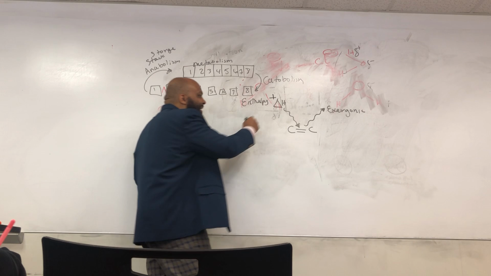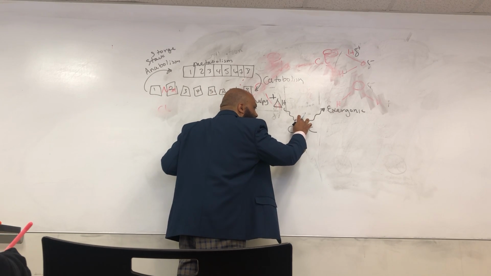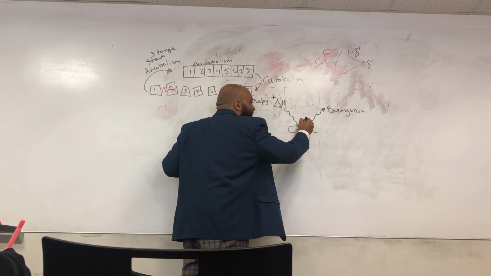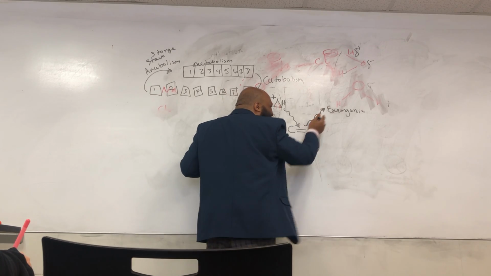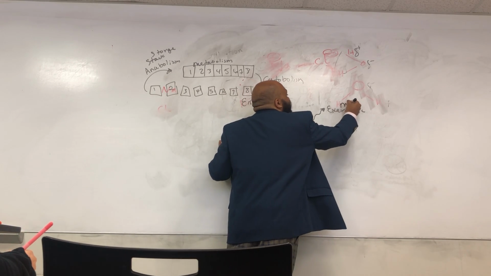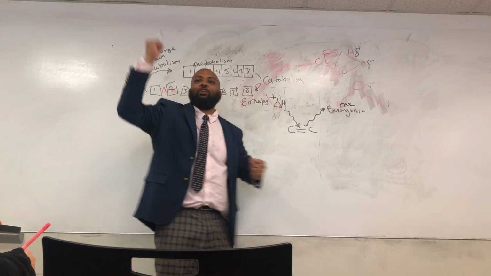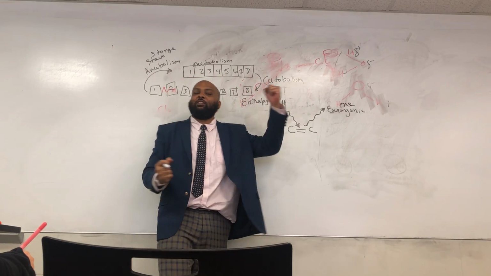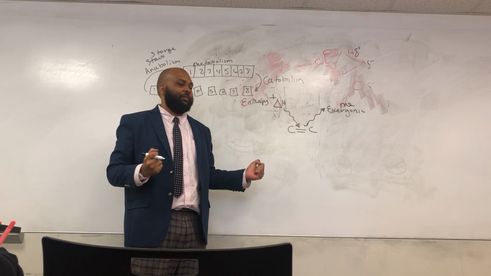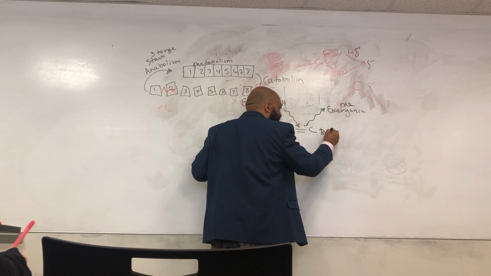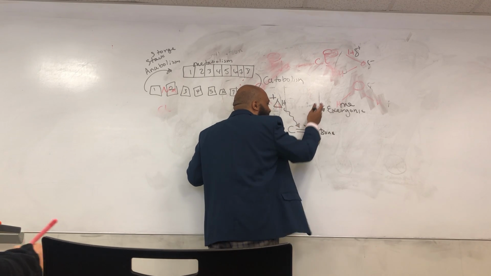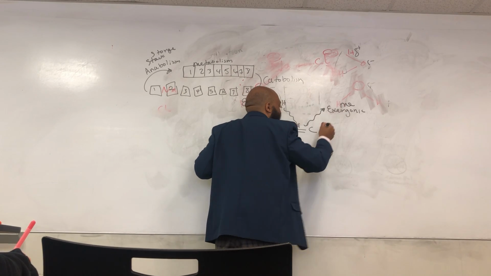So I add heat to break the bond. When I break the bond, the energy exits from the molecule to me. So now I have energy, energy for me to go and exercise, energy for me to run my metabolic activities. That is known as exergonic: it exited the bond to me.